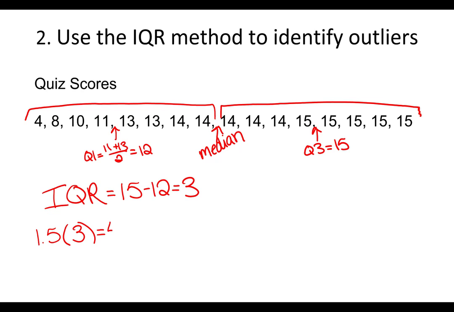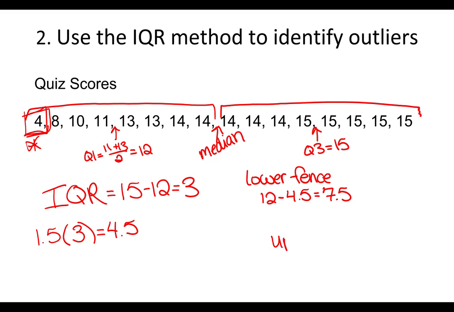This equals 4.5. So our lower fence will be Q1 minus 1.5 times the IQR. 12 minus 4.5 equals 7.5. Any value in this distribution less than 7.5 will be an outlier.